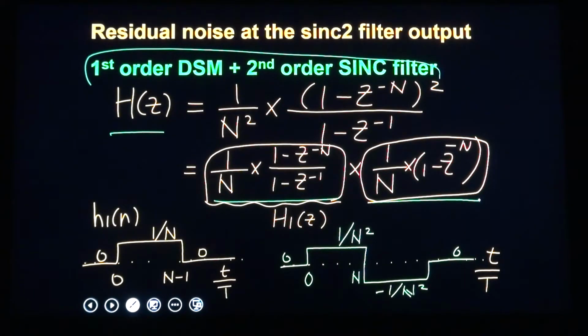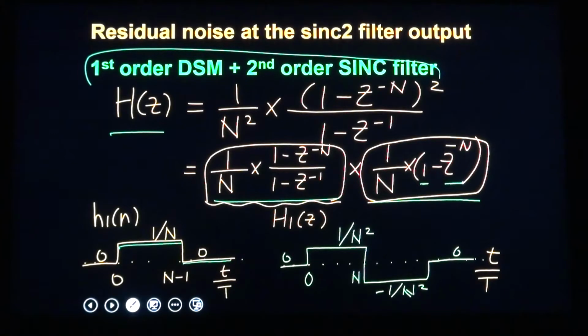Okay, so for this one, the impulse response of H1(z) is 1 over n for the time interval from 0 to n minus 1, 0 elsewhere, right? And then this is just 1 minus a delayed version, right?